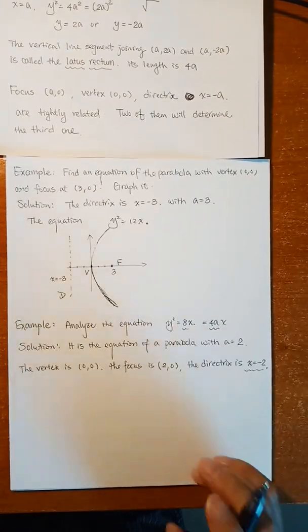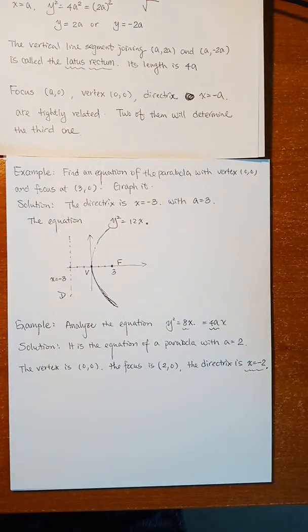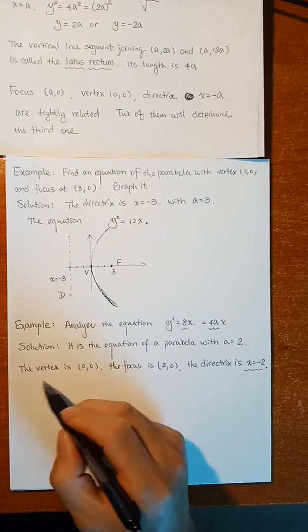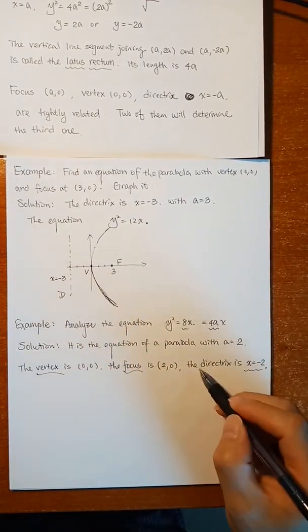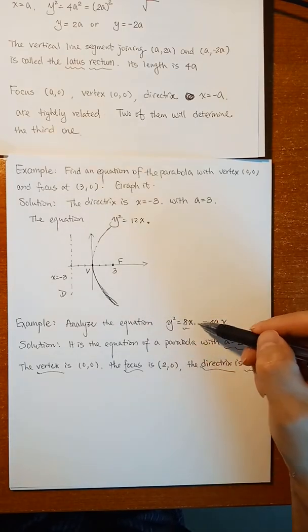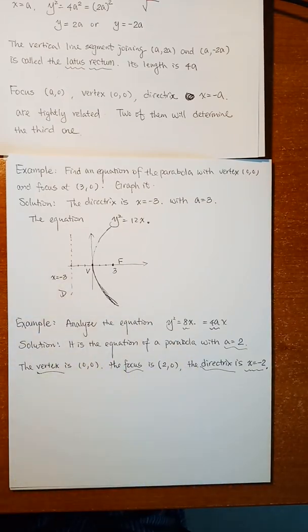That's all you need to write down for the analysis part. When you have y squared equal to 8x, you should be able to write vertex, focus, directrix, and a. So that's from algebra to geometry. Those are points and the lines, they are the geometry.